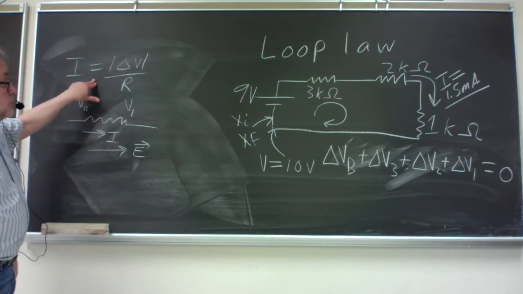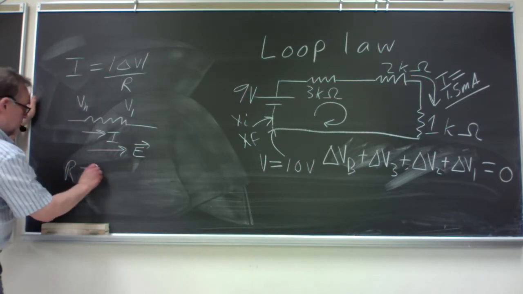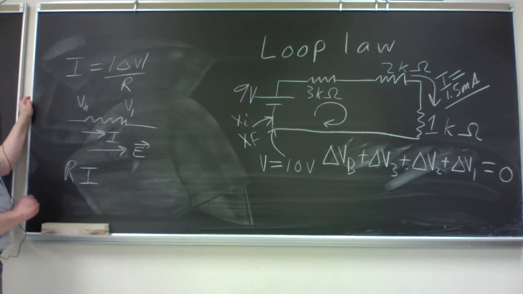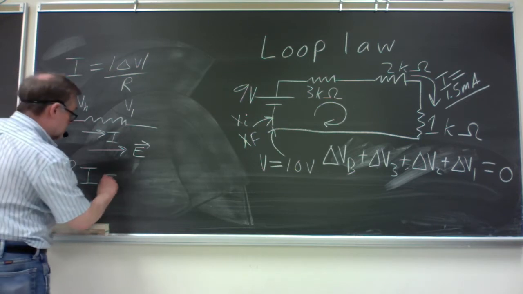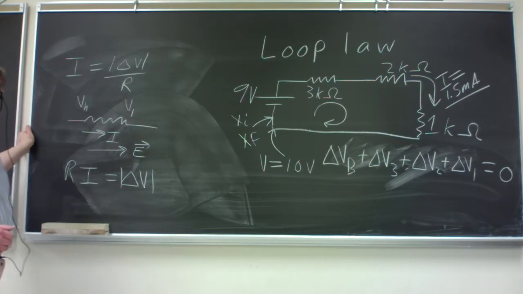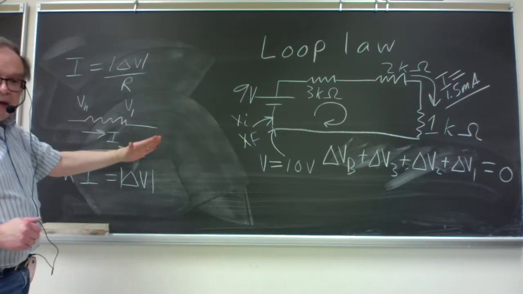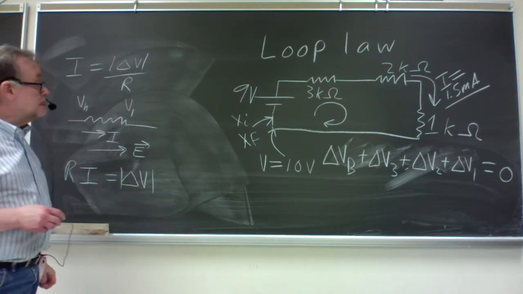So anyway, we use it in the form resistance times the amount of current passing through that resistance equals the size of the potential change, the potential difference between the two ends of that resistance.